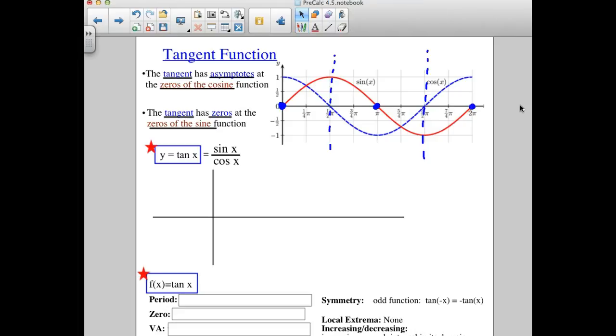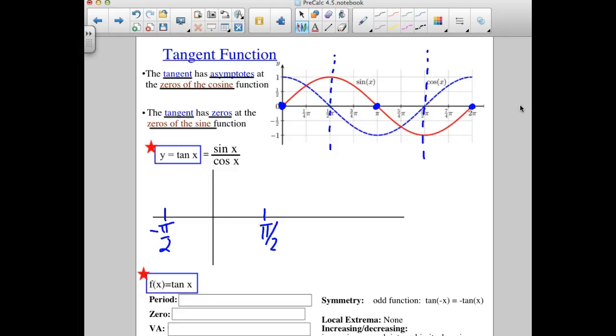So we're going to get one period drawn again for this. Try not to look back at your previous sheet. Where does tangent start and end? Negative pi over 2 to pi over 2. So we want to split it half and half on either side of our y-axis. So we're going to have negative pi over 2 here and positive pi over 2 here.